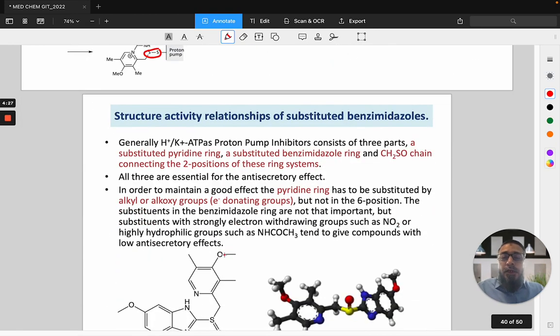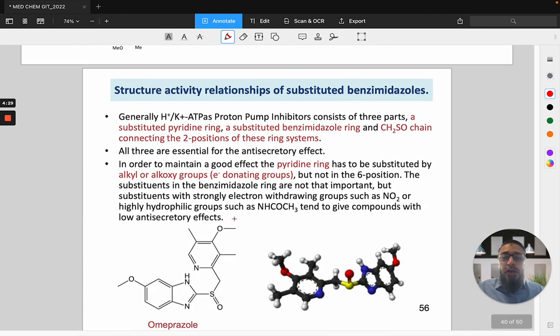Generally, in the structure-activity relationship, the electron donating group on the pyridine ring, which in this case is the methoxy group, maintains a good effect, right? The substituents on the benzimidazole ring are not so important.